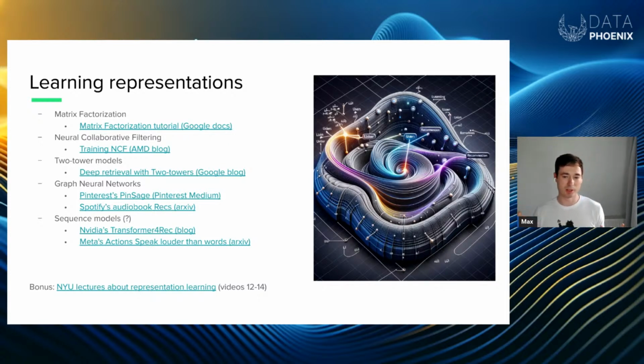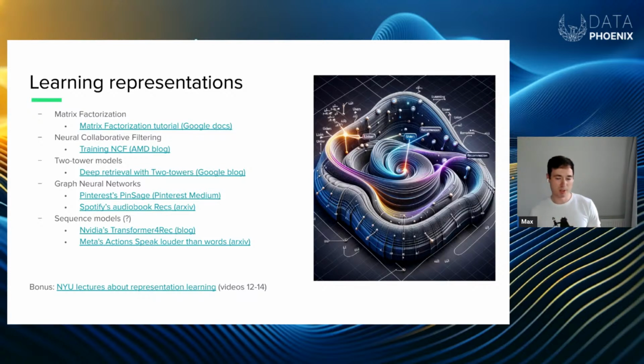You have nodes that represent the users and nodes that represent the items, and you can draw an edge between two of them if the user has, let's say, streamed the item or bought the item, whatever you have in your product. Once you have that, you can apply a graph neural network to compute the embeddings.